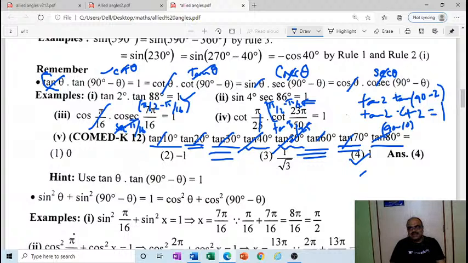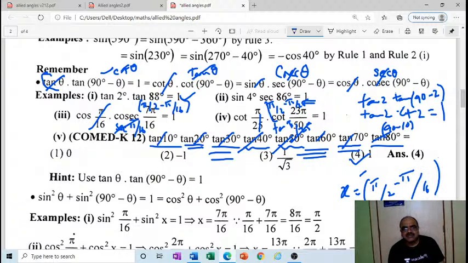Sin square pi by 16 plus sin square x equal to 1. Find the value of x. So it is sin square theta plus sin square 90 minus theta equal to 1. So x is equal to pi by 2 minus pi by 16.